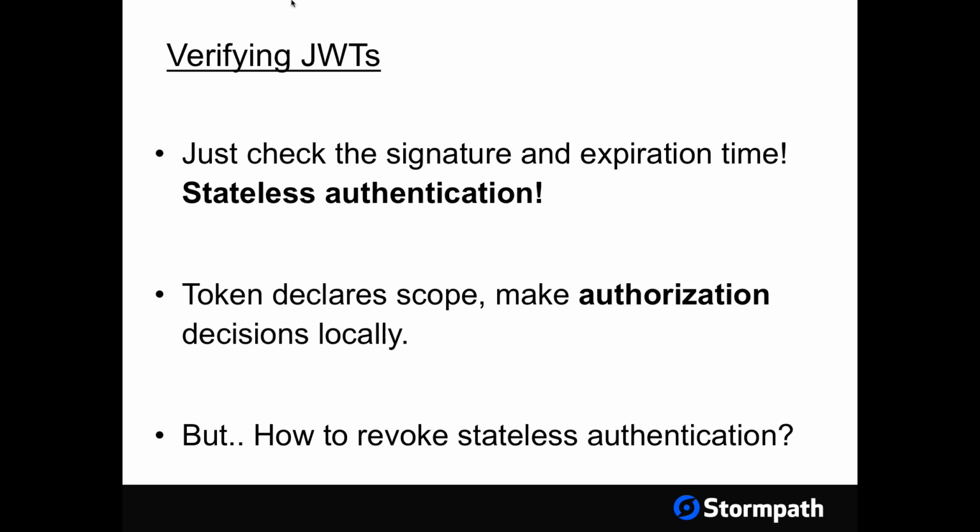I created this token, and by the way, I put the scope in this token, so I trust this whole thing. So you don't have to go running around to 3 different layers of databases to figure out who the user is and what they can do. It's all encoded in this cryptographically signed token.